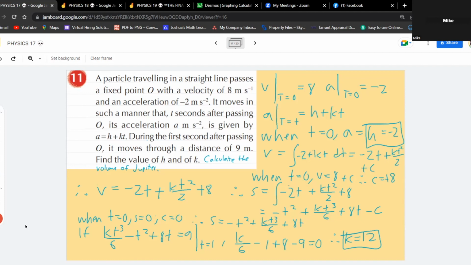Tapos during the first 12 seconds, during the first second after passing O, it moves through a distance of 9 meters.